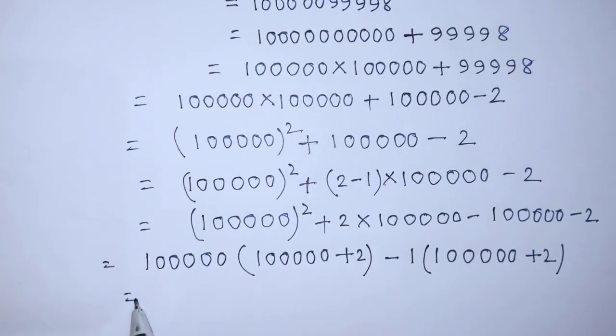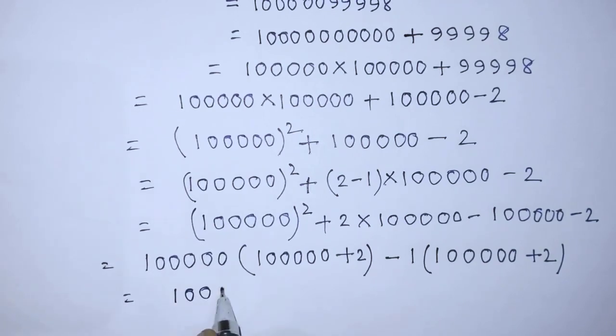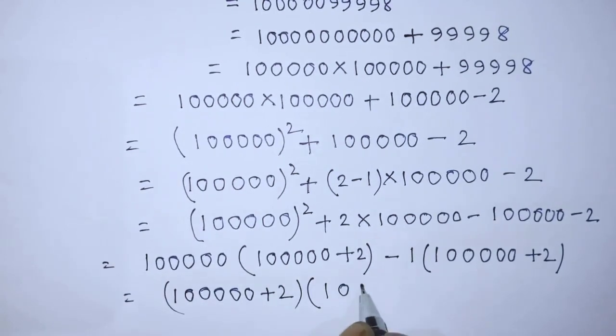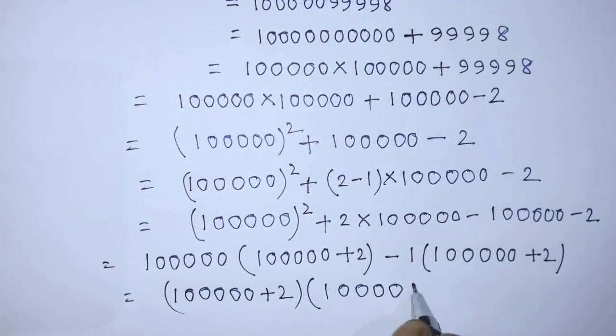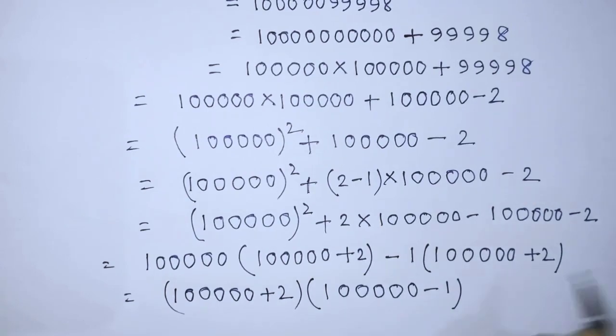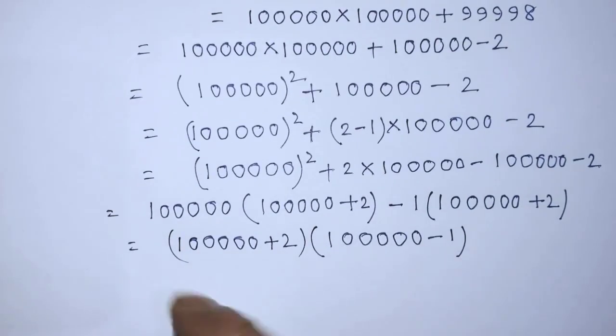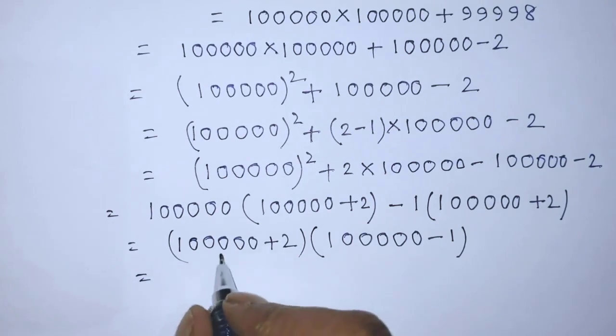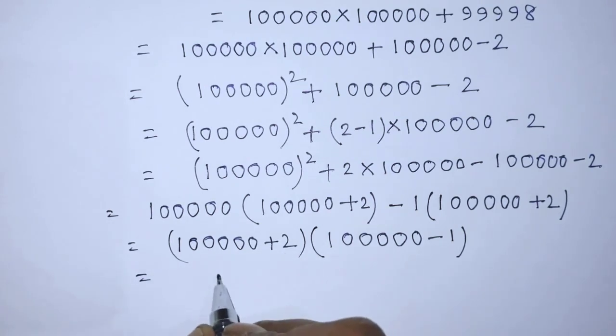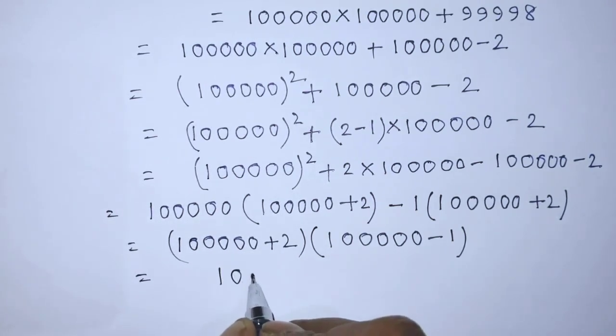So we can write 1 lakh plus 2 times 1 lakh minus 1. We get 1 lakh plus 2, that is 1 lakh 2.